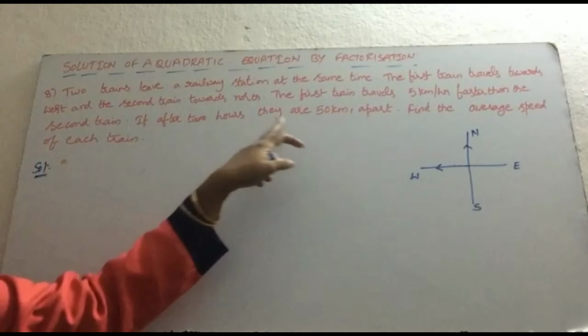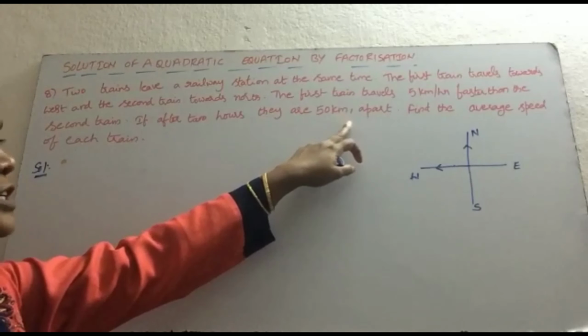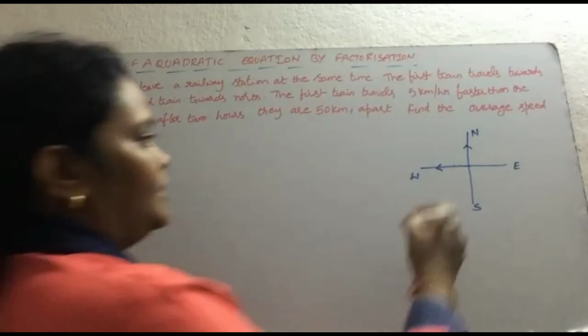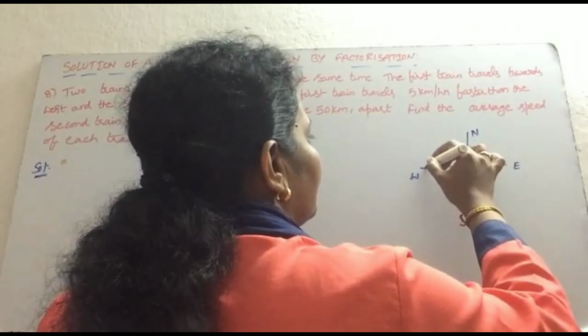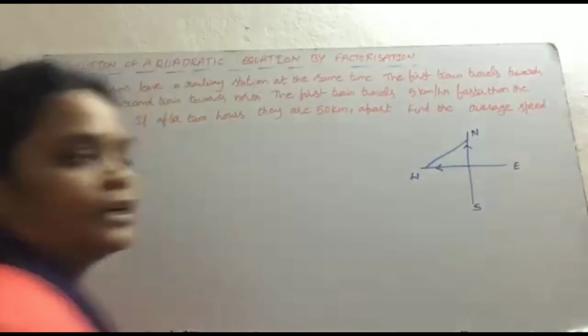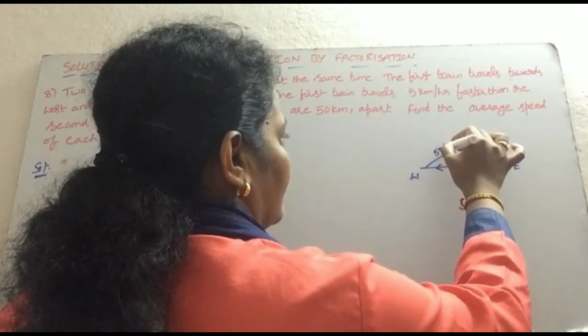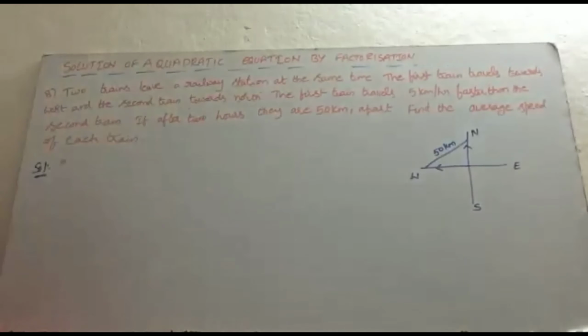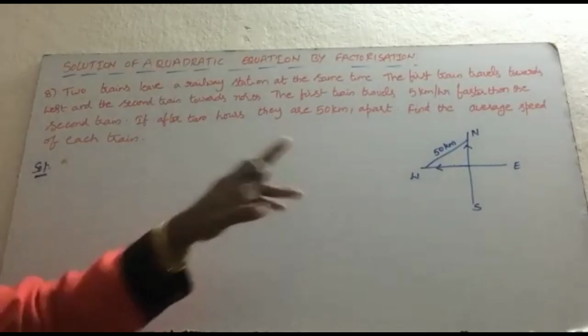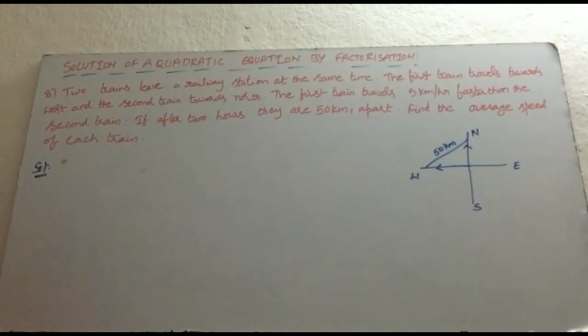If after 2 hours they are 50 kilometers apart, that means the distance between these is 50 kilometers. So now find the average speed of each train.